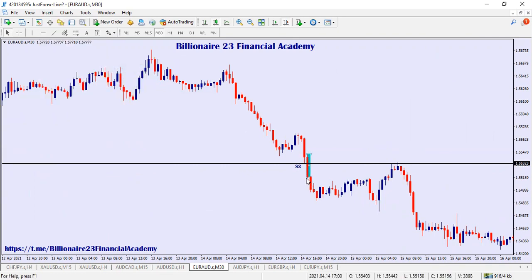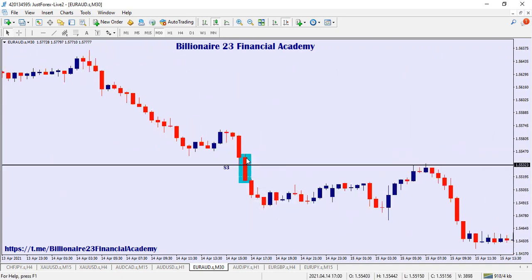The candlestick body break. Not a spike, but a clean candlestick body break of support.